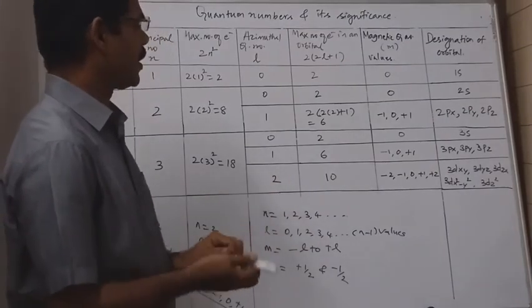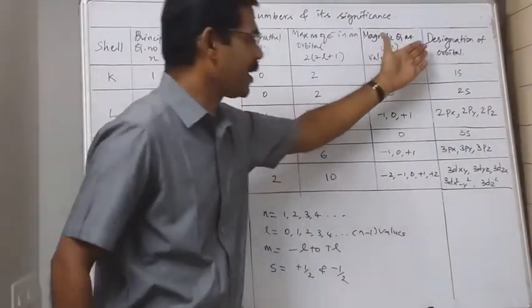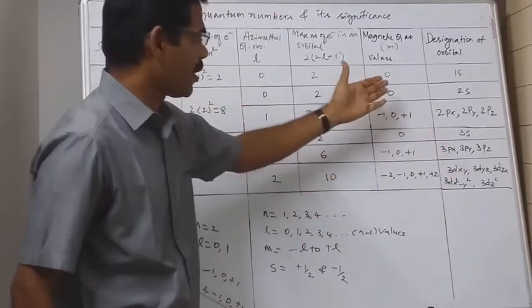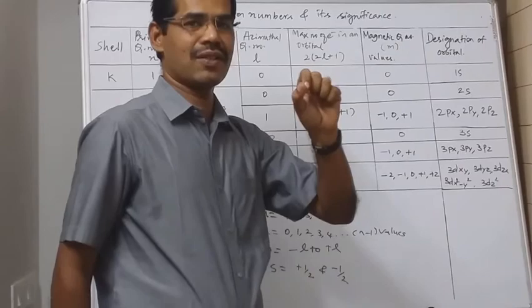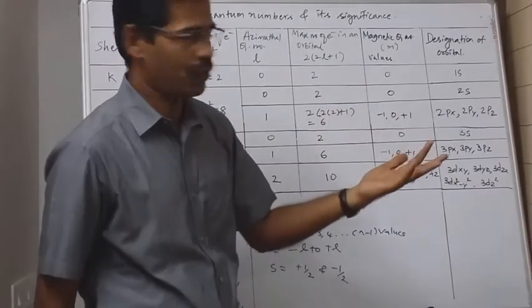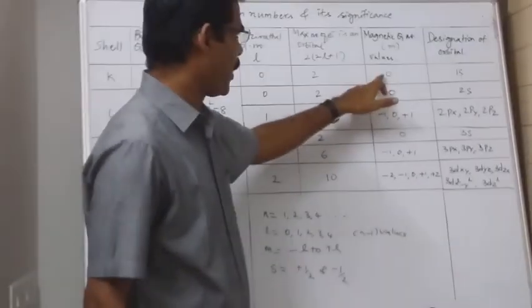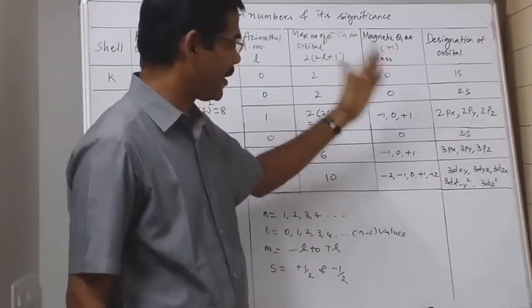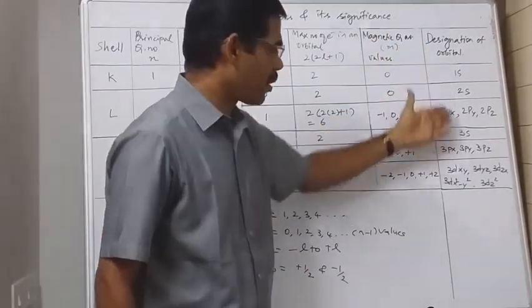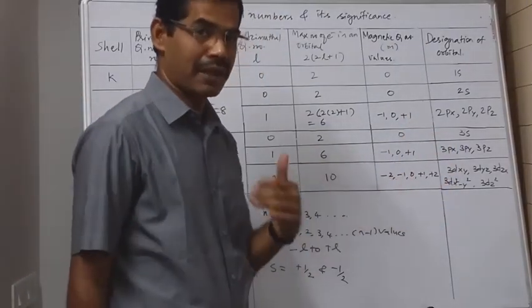Now, in the last column, I have given the designation of the orbitals. These are the symbols, or we can say the designations, of the orbitals. The m value 0 is an s orbital. We will discuss these orbitals in the next session, and at that time you will have a clearer understanding.